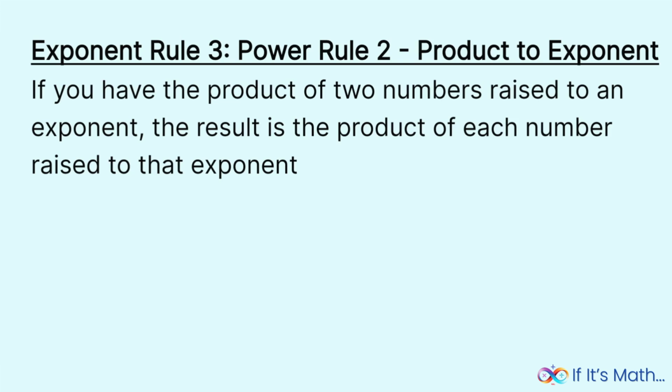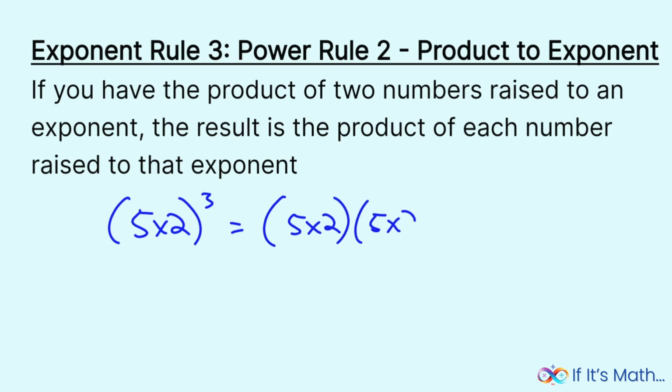So let's say you had 5 times 2 raised to the third power. Well, we know that that is the same as 5 times 2, 5 times 2, 5 times 2.